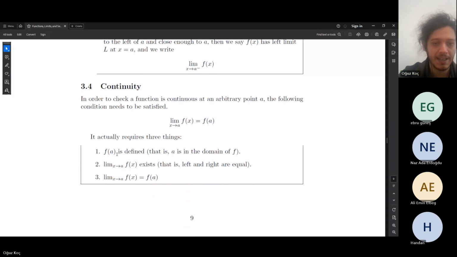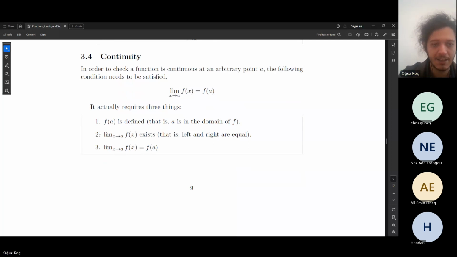One of them is that at point a, the function f has to be defined, which means a is in the domain of f, and there is no indefinite situation. The second condition is that the limit of f(x) as x goes to a has to exist, which means the left and right-hand side limits are equal to each other.